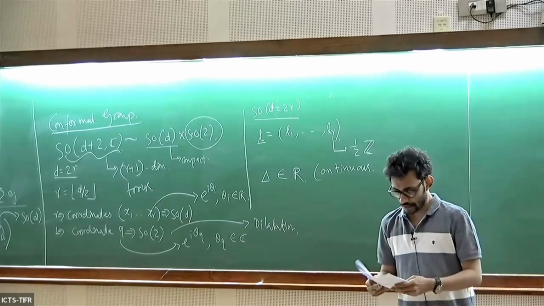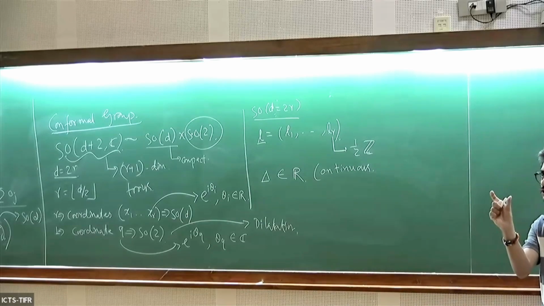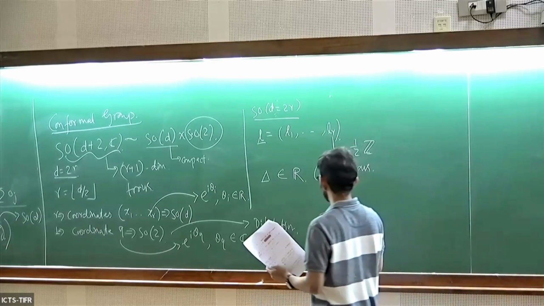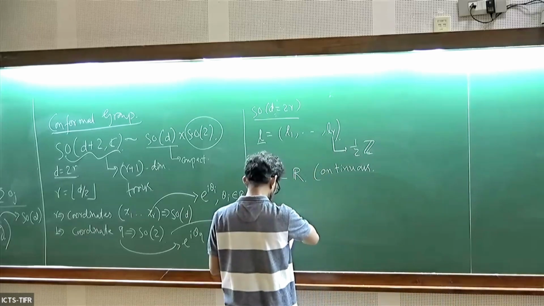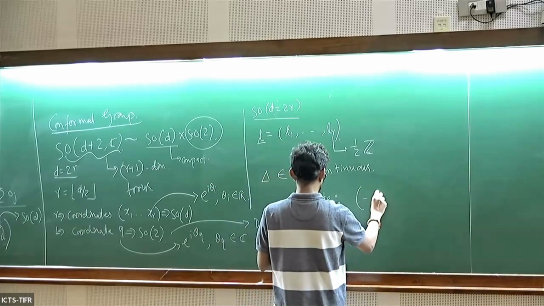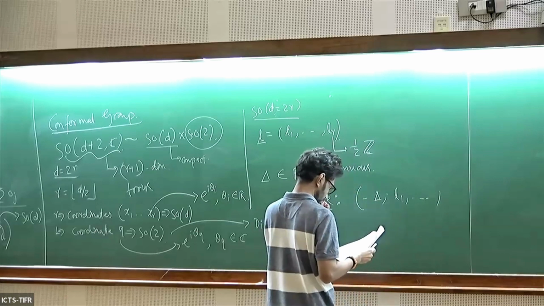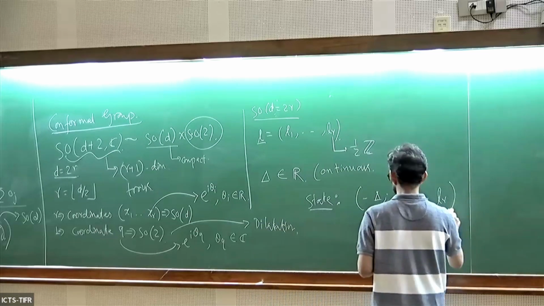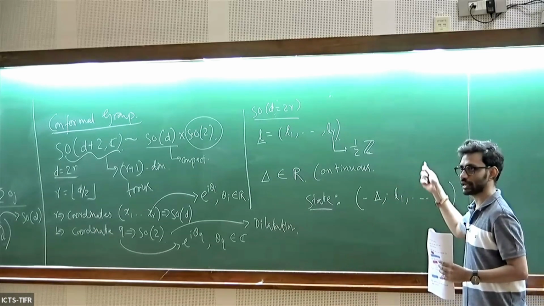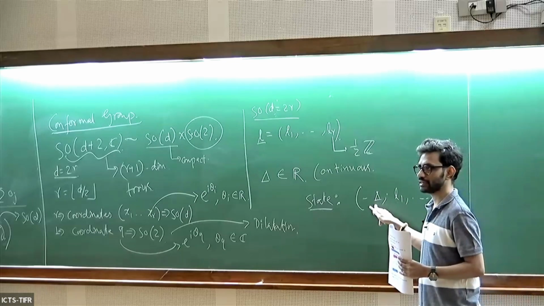So then, if I have to attach a state which is transforming under this symmetry, how do I define that thing? By this. So you have L1 to Lr corresponding to the SO(D) part, and I have this scaling dimension. I define it this way.